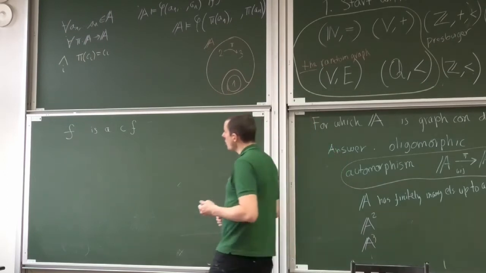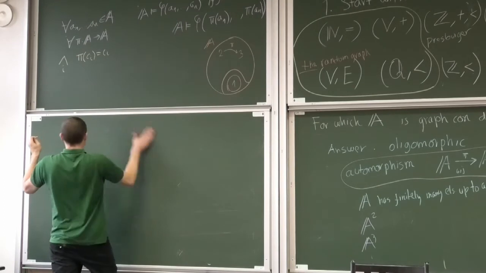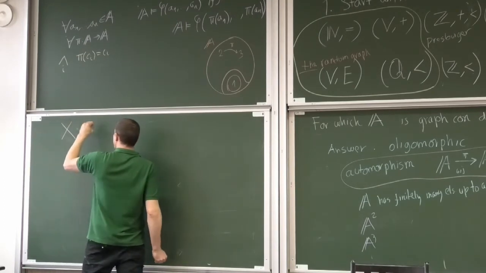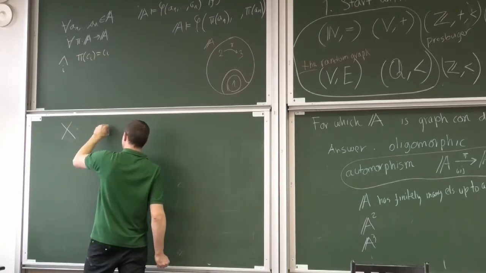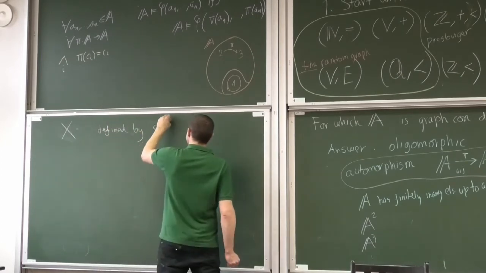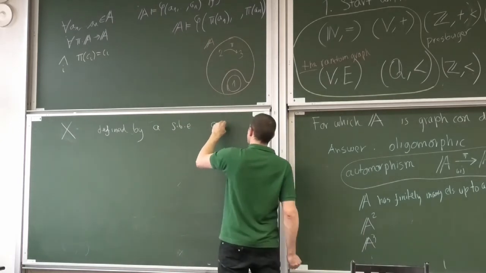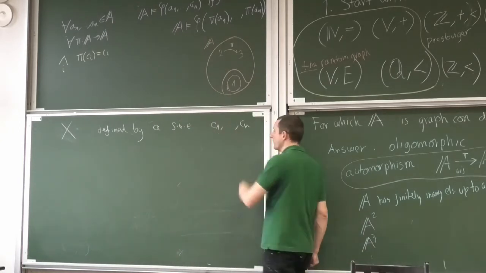So now you can show that if x, so let me call it x, take any set defined by a set builder expression which uses constants C1 and Cn.